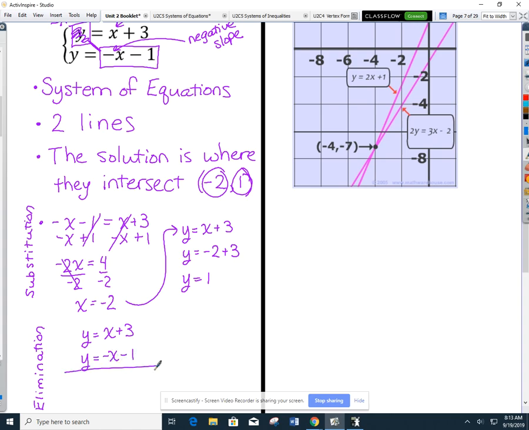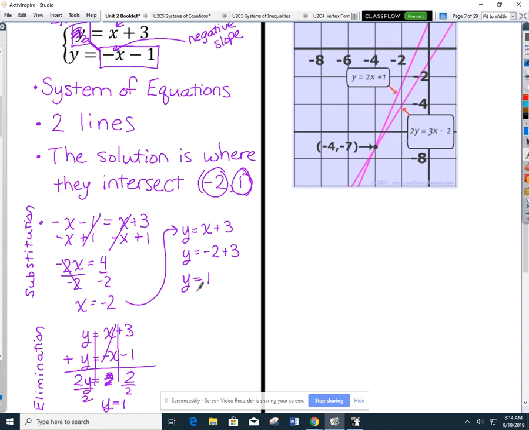We kind of line this up as an addition problem, and we just add each column like this. So y plus y is 2y. The equal sign goes here. X plus -x cancels, and 3 plus -1 is 2. I really should have just written that here. But then divide by 2, so y equals 1.